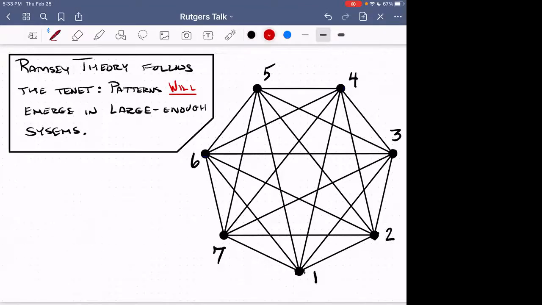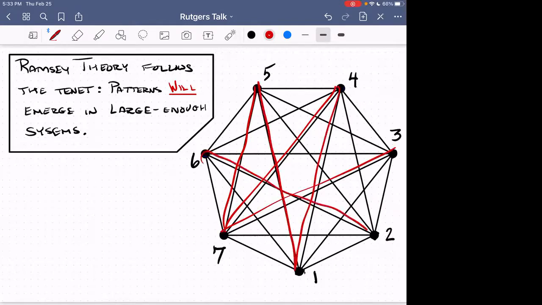So for example, I've got K sub 7 here. And if I just start randomly coloring edges, so I'm not really thinking, like this, looks kind of messy, I'll try not to make a triangle. But I just randomly colored these edges. Oh, I missed one.